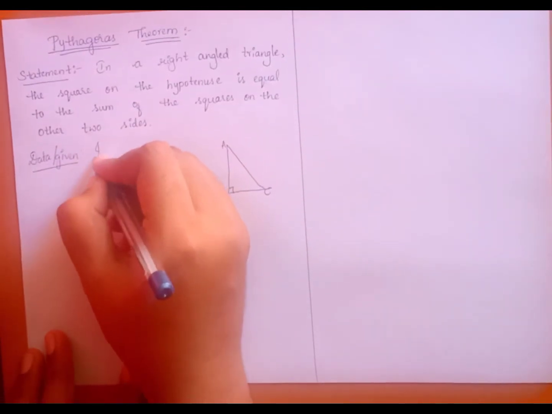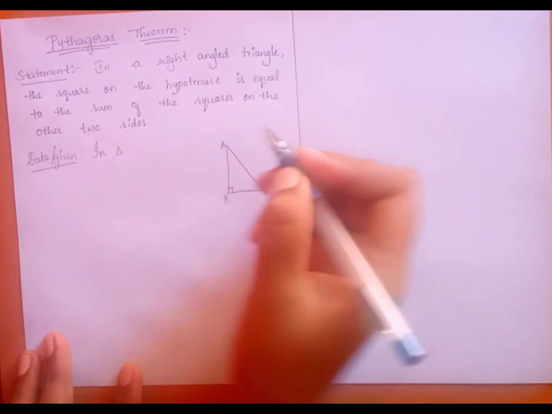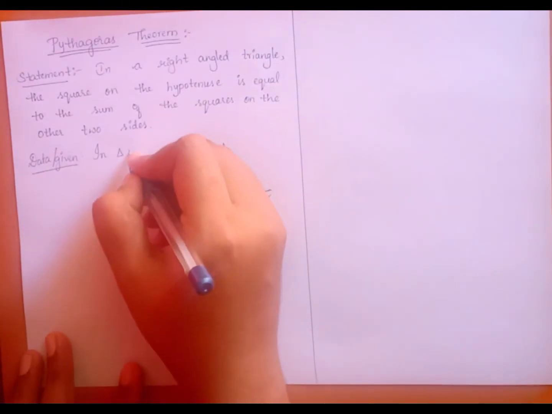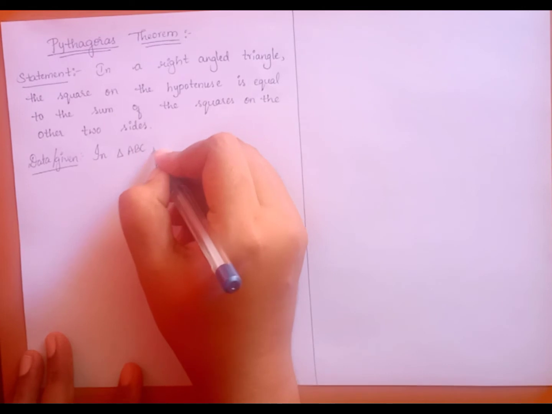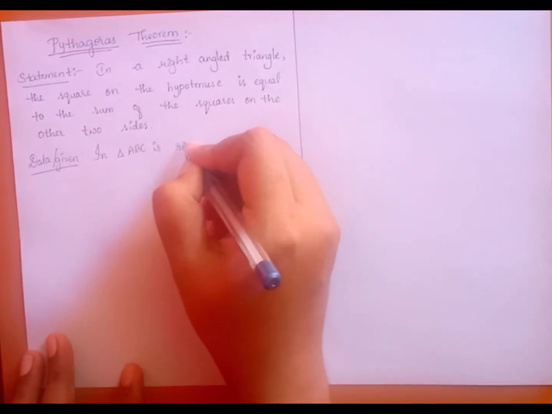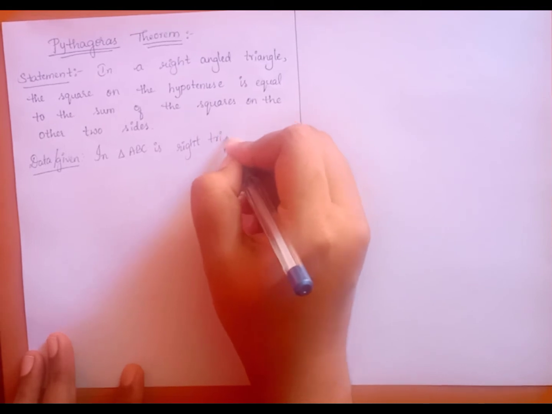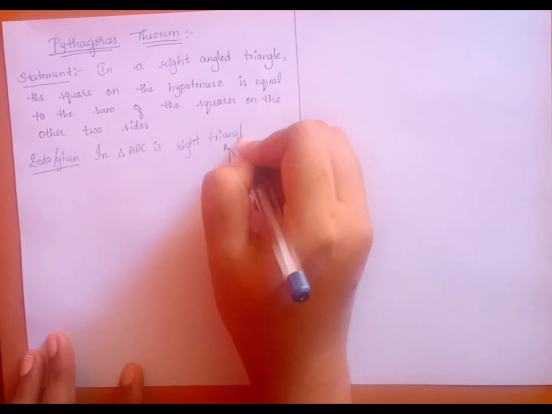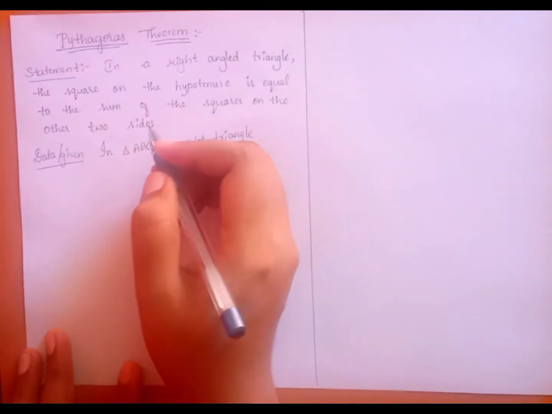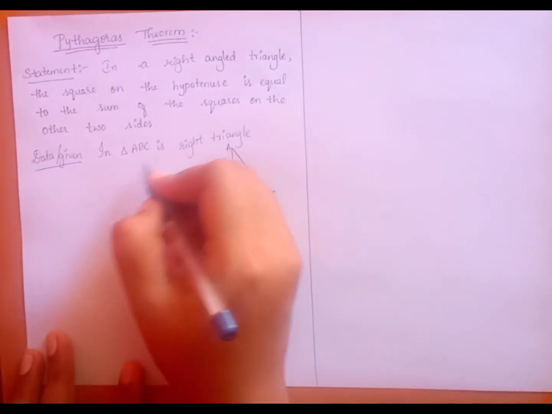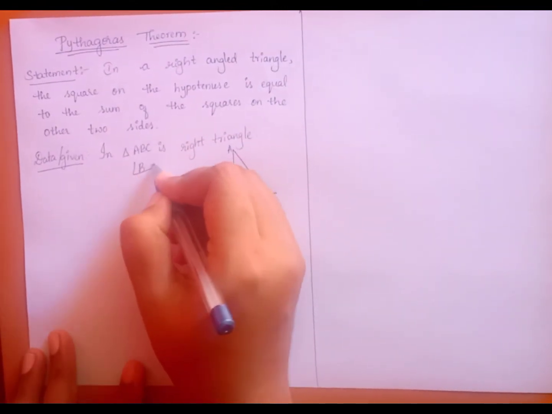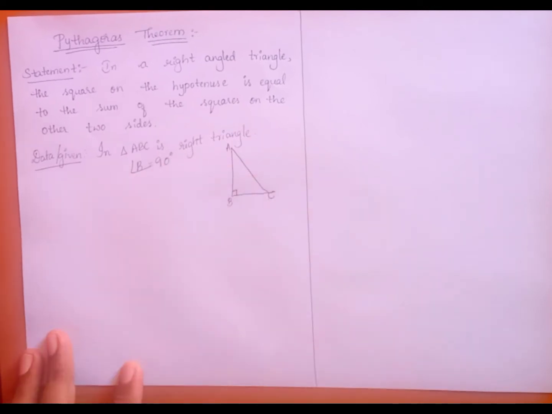They said that we have a right angle triangle, so therefore triangle ABC is a right triangle, and next they gave angle B as 90 degrees, because right angle means one angle will be 90 degrees, so here B is 90 degrees.